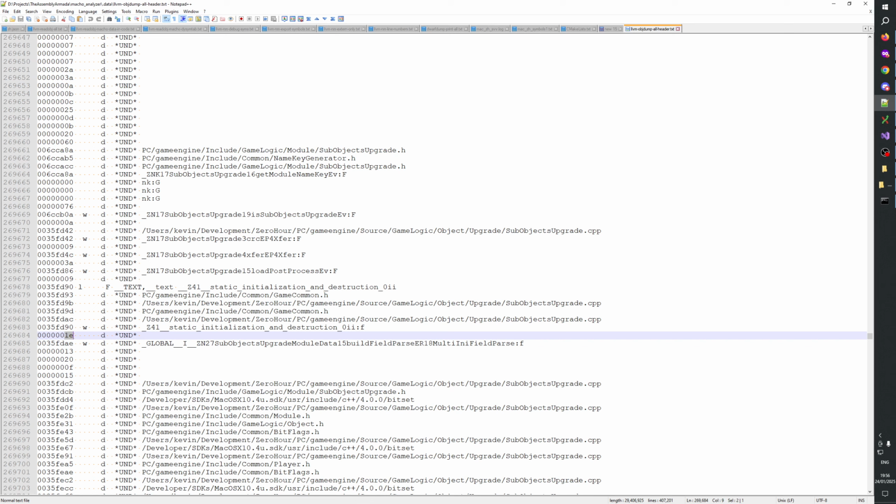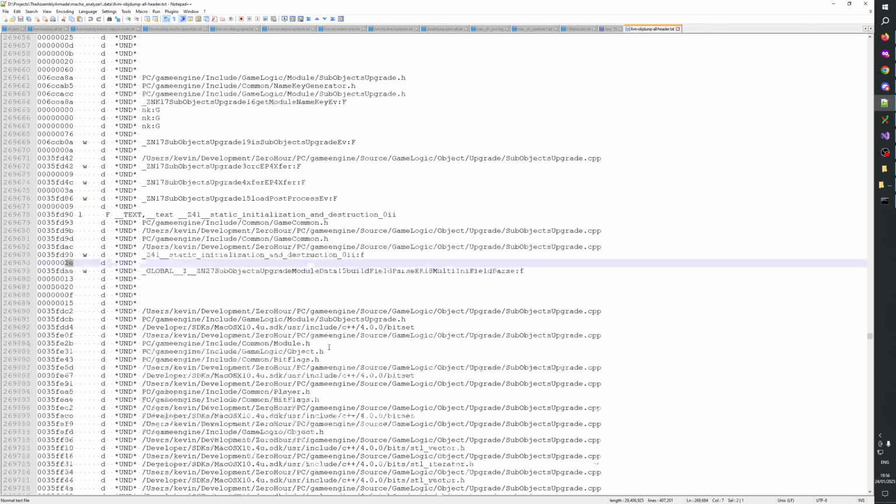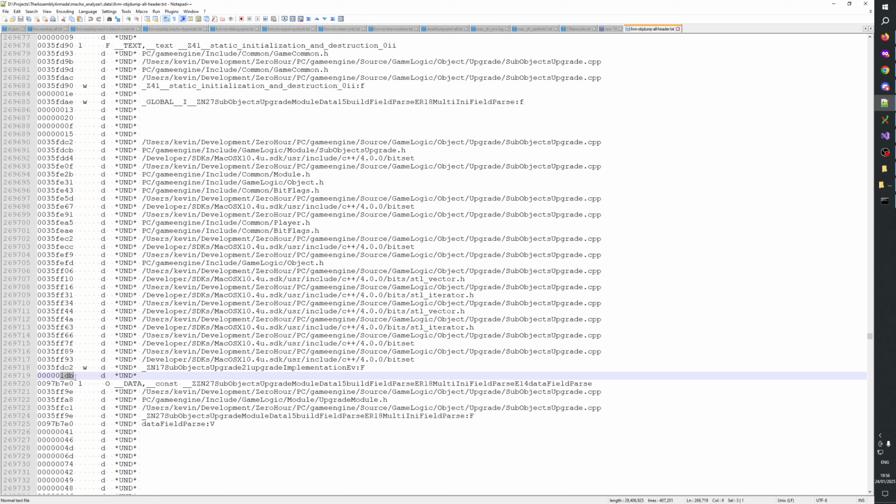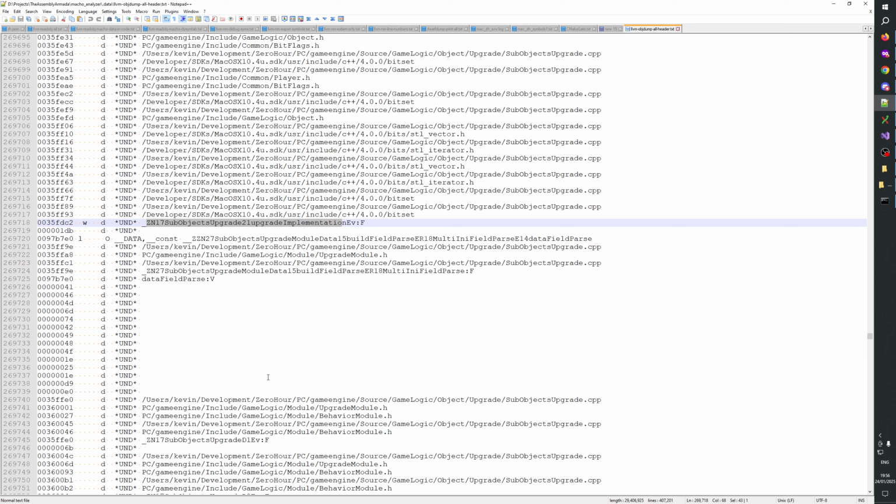This here looks to me like this is the size of this thing. Maybe. Here, 1 dB. Upgrade implementation. 1 dB is a byte size of this function, maybe? Yeah. I don't know. What could this be then? 41, 46, 40, 60. Data field path. I don't know.